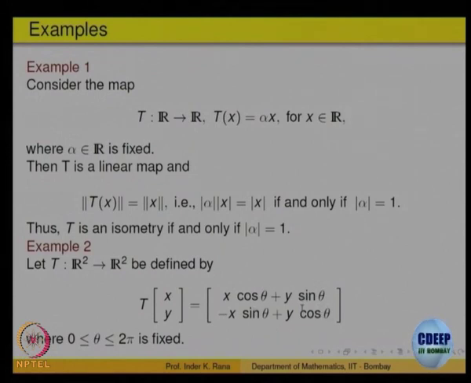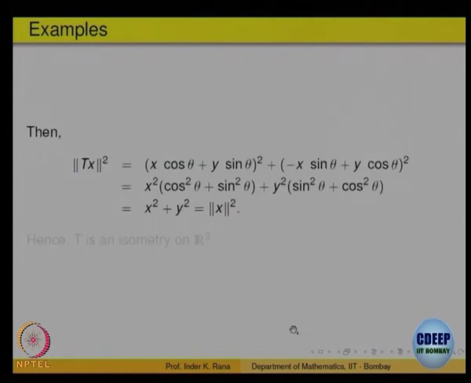So, let us compute the magnitude of this vector. It is x cos theta plus y sin theta, whole square, plus minus x sin theta plus y cos theta, whole square, that is the norm square. Let us compute and simplify, and the usual properties of sin theta and cos theta give you that norm of T x square is equal to norm of x square. That means T is an isometry.